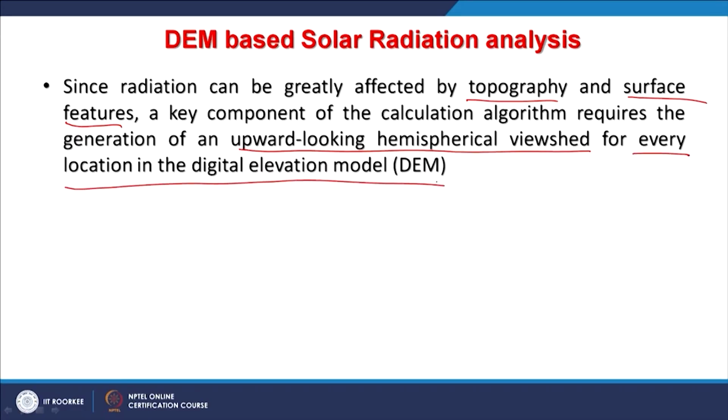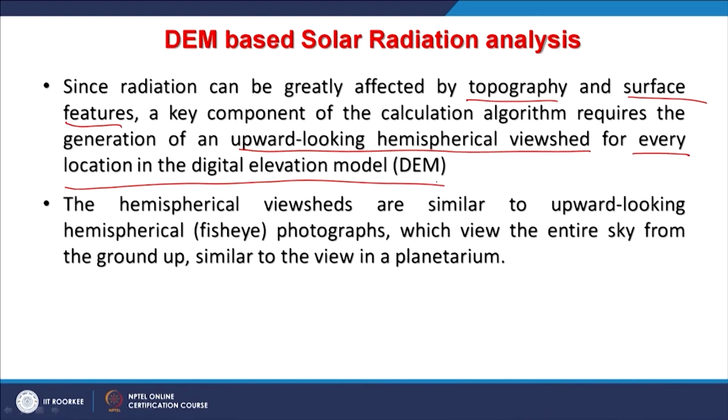That means every cell of our grid, that is the digital elevation model. This hemispherical viewshed is similar to upward looking hemispherical or fisheye photographs. That means a very wide angle view would be available, which views the entire sky from the ground up, similar to the view in a planetarium.